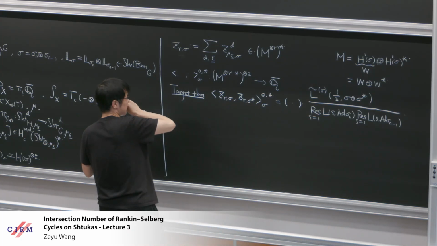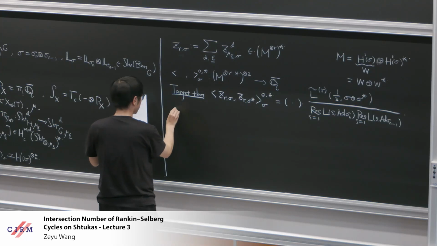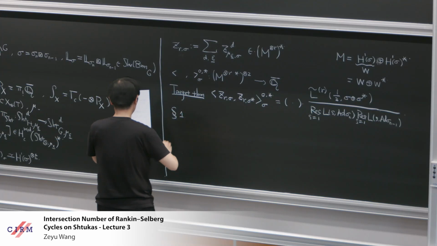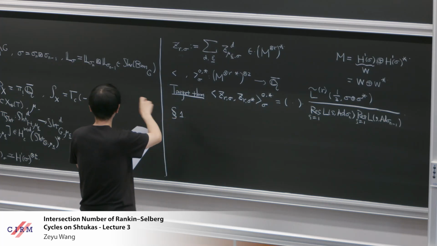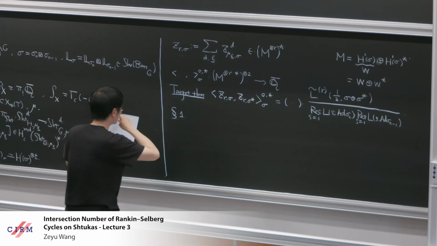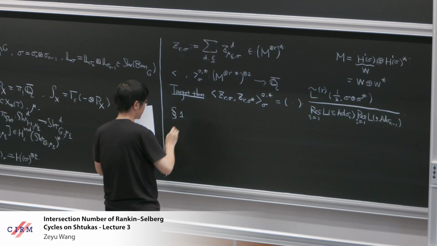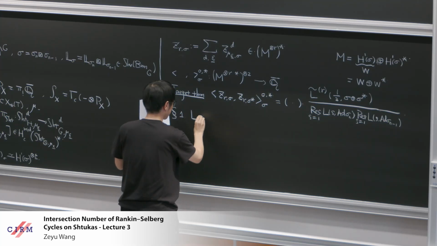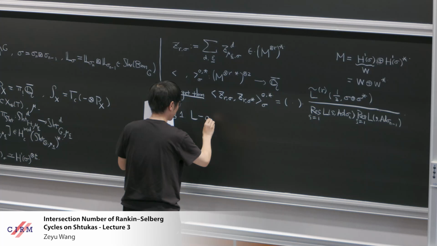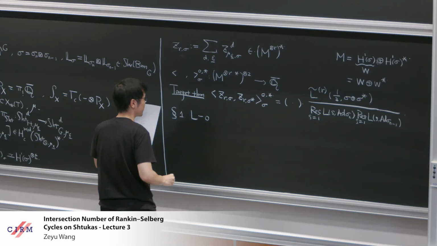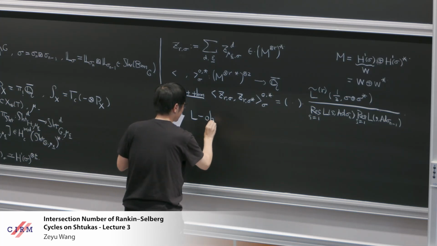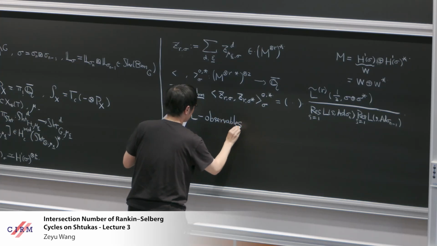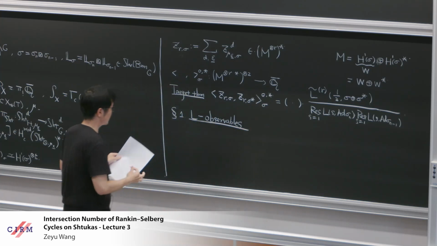And so now I want to recall more things, but this already goes to section 1 that I prepared, and I want to use some horrible names for the title, which is called L-observables.